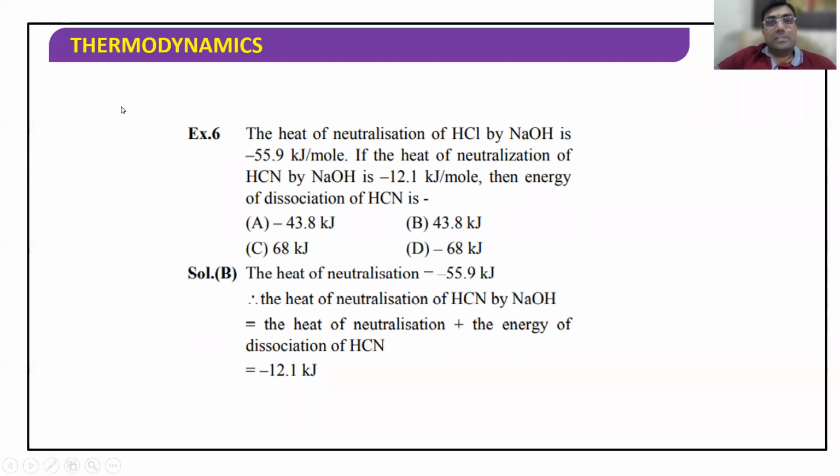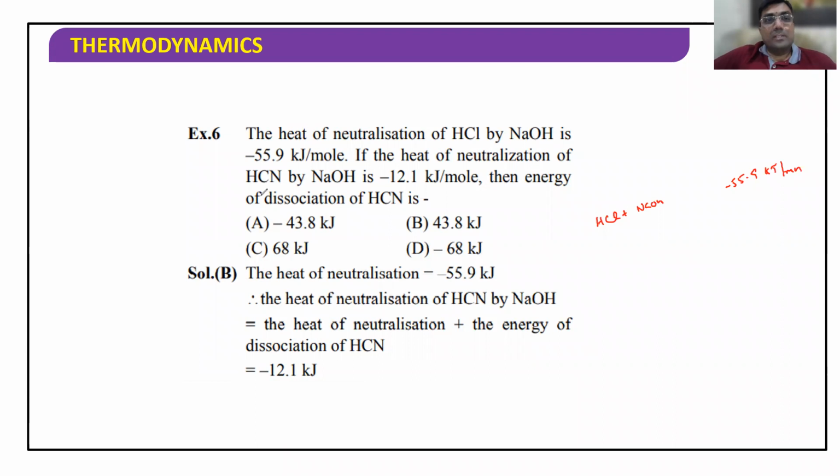Now the heat of neutralization of HCl by NaOH is 55.9. Let's write here: the heat of neutralization of HCl plus NaOH, this value is given as minus 55.9 kilojoules per mole.